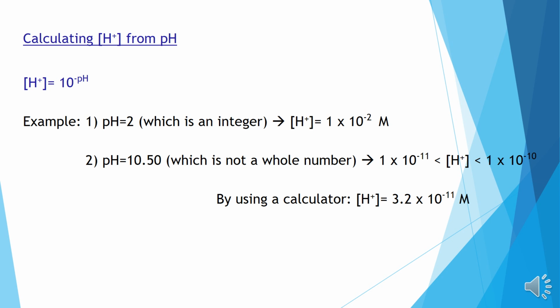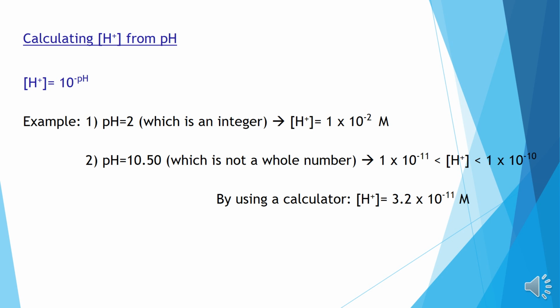What can we do here? As you know, in the SAT exam, you are not allowed to use calculators. So in this case, you try to estimate the value of the concentration of H plus.